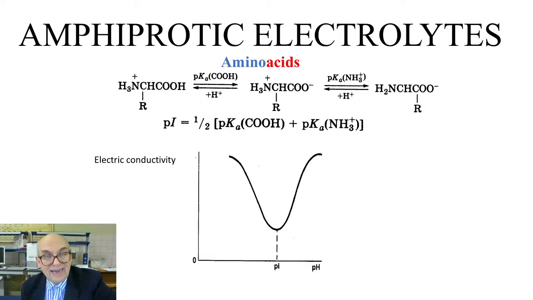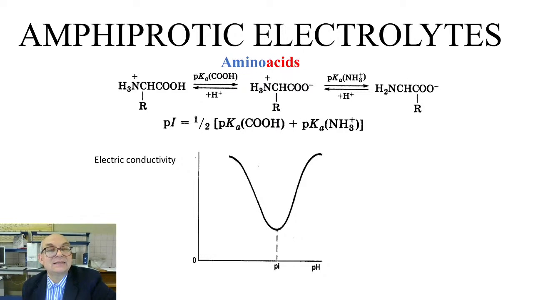COO negative group is an acceptor of proton. It is a potential acceptor of proton, and it is exposed to added acid. It results in COOH neutral form.